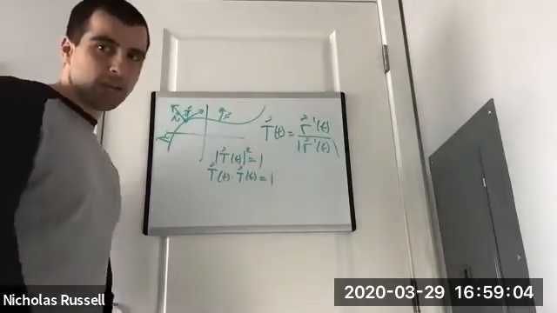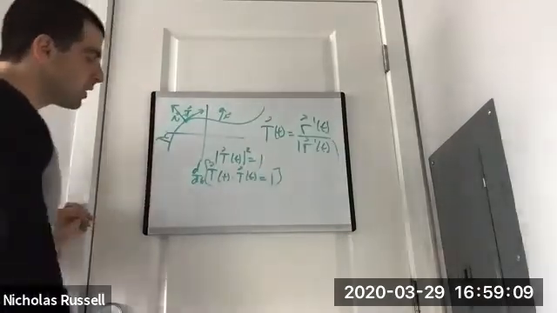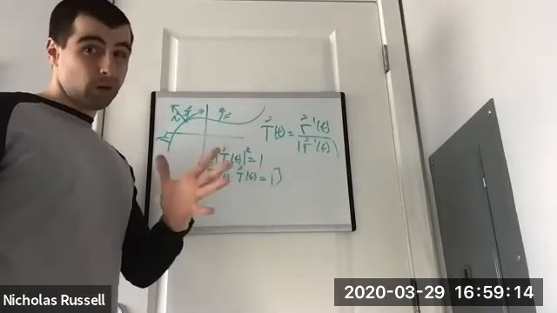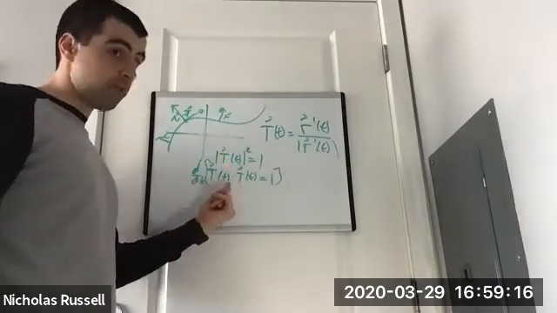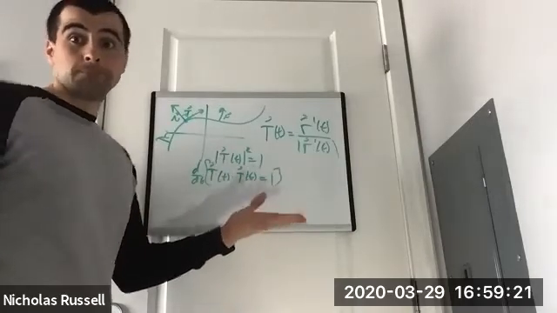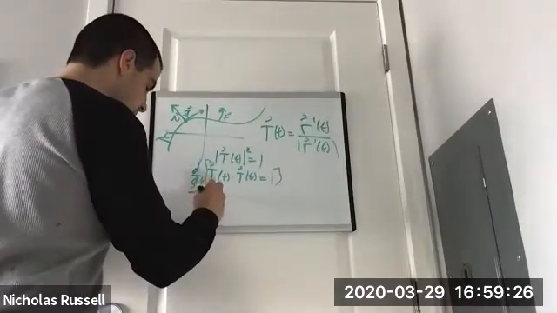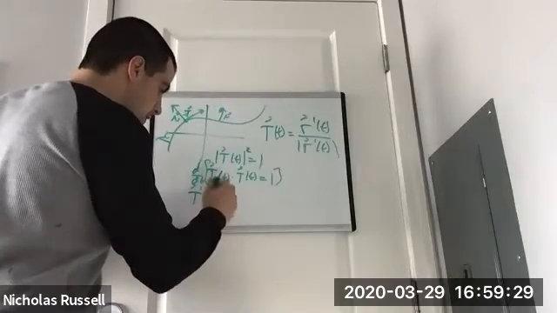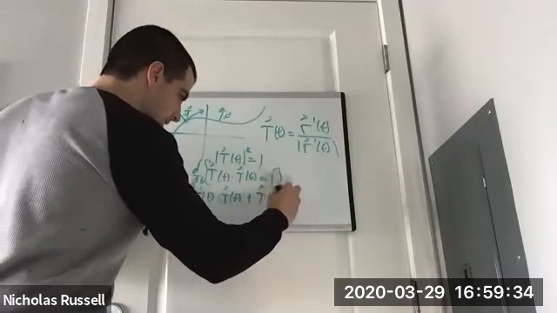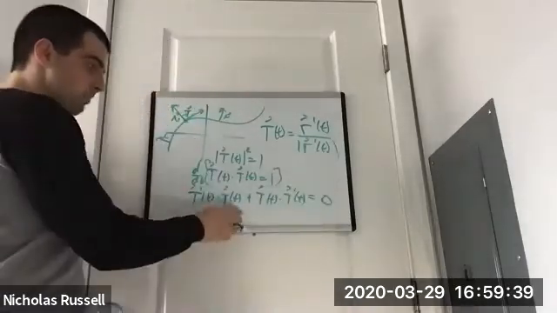Let's take the derivative of both sides with respect to t. If I want to take the derivative of a dot product, I use the product rule: f dot g is f prime dot g plus f dot g prime. This side's going to be 0. So I'm going to get T prime of t dotted with the tangent vector plus the tangent vector dotted with the derivative, and this is equal to 0.